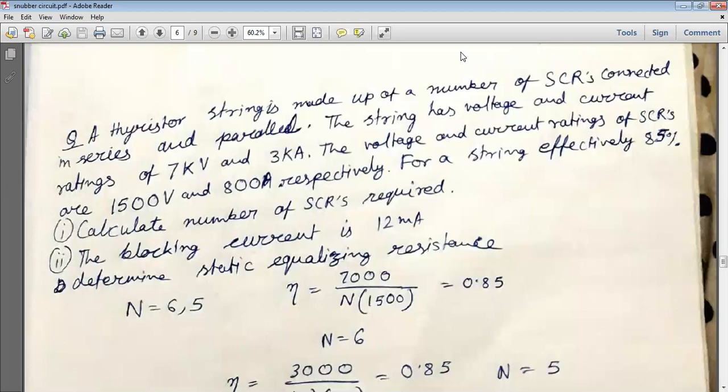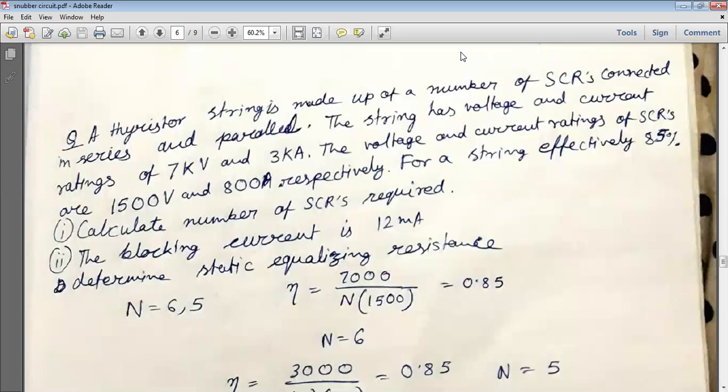Here the string efficiency is voltage or current rating, 7 kilovolt divided by the number of SCRs times the rating of each SCR.